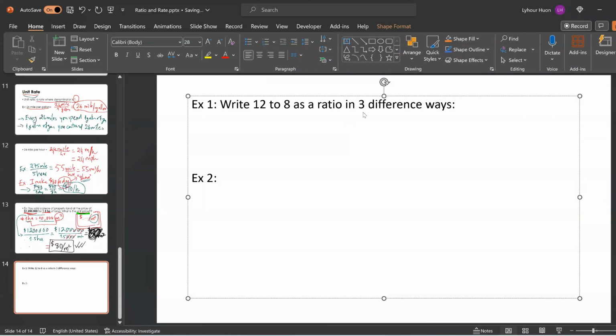You need 20 bags of seeds for 8 acres. Find the rate.